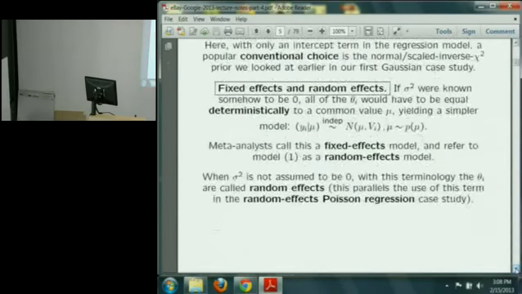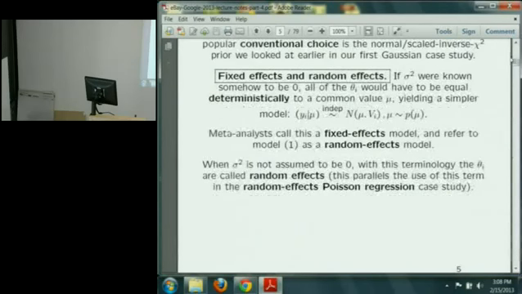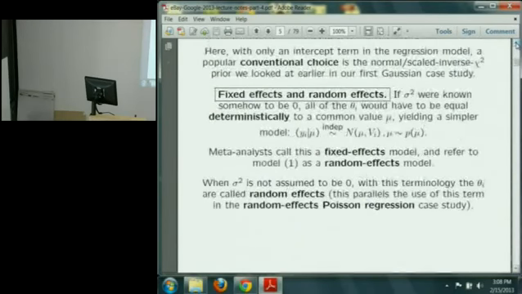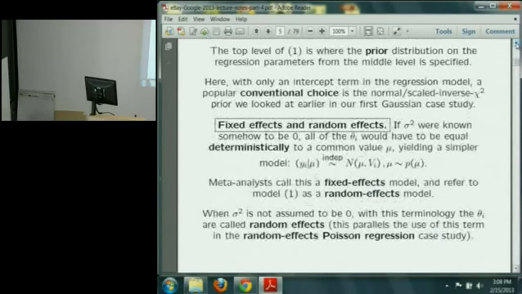Naturally enough, as I said before, you can demonstrate by any of a variety of means that when the fixed effects model is a special case of the random effects model, the best thing to do from a Bayesian point of view is to fit the bigger model first, and then look and see what the evidence is in the bigger model for whether you can specialize down to the smaller one.